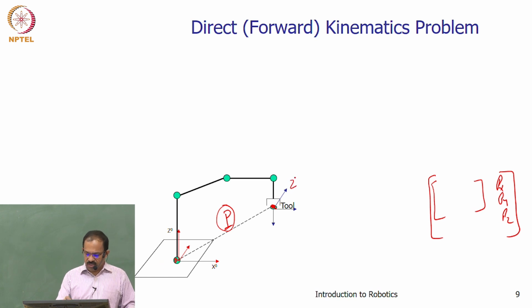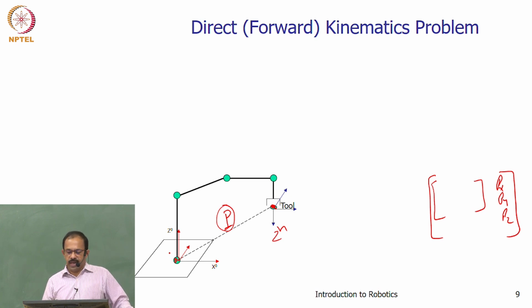Assume that this is Zn. We are interested in knowing how this Z0, Zn and X0, Xn and Y0, Yn are aligned. If they are aligned, you will be getting 1, 0, 0, 0, 1, 0, 0, 0, 1. Otherwise, you will be getting the normal, sliding and approach vectors corresponding to the orientation of the tooltip.